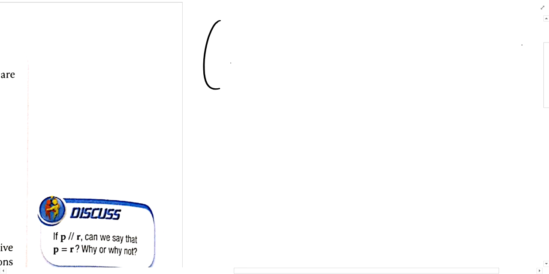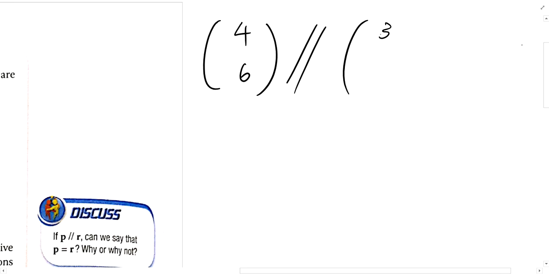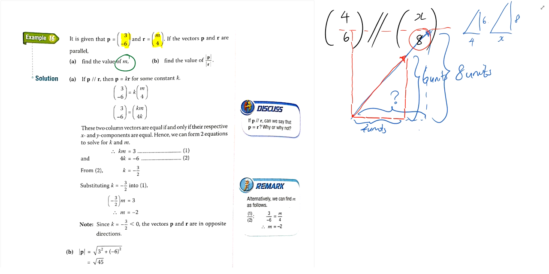If I've got a vector 4 and 6, I say that this is parallel to the vector 3, let's change it to become x and 8. Okay, what is x going to be? Think about it. Came from similar triangles, but presentation wise we don't have to use that on the board.